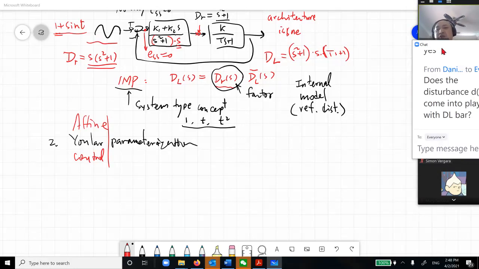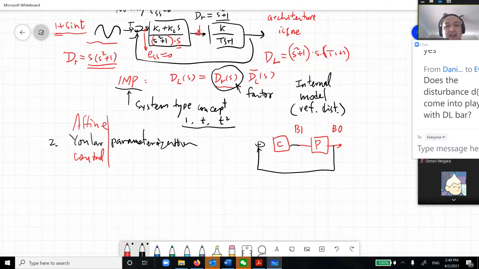Okay, so Youla parameterization. Let me ask you a very interesting question. Suppose P is open loop stable, okay? Meaning if you have a bounded input, you have a bounded output, meaning the system will not catch on fire or explode. It's already stable. But if you put a controller in here and start to close the loop, there are two results.